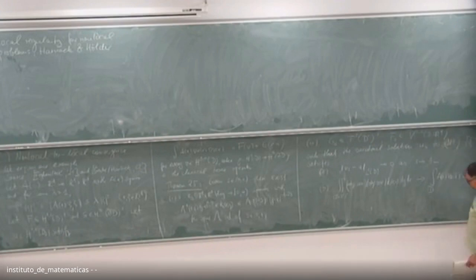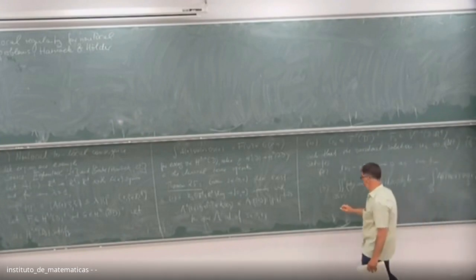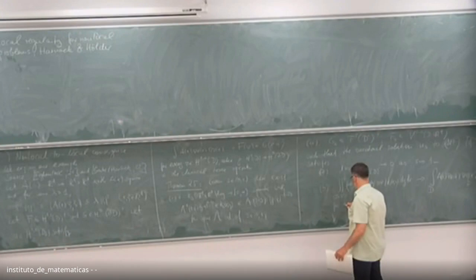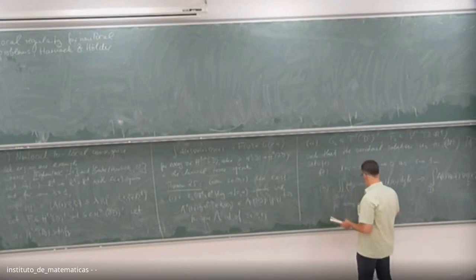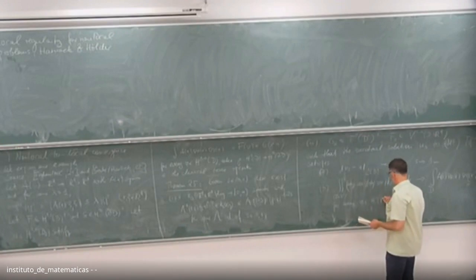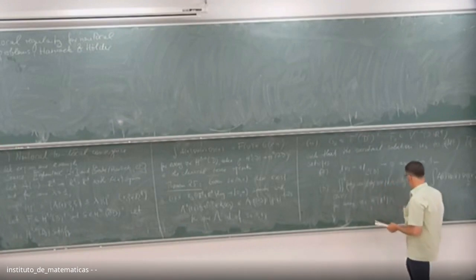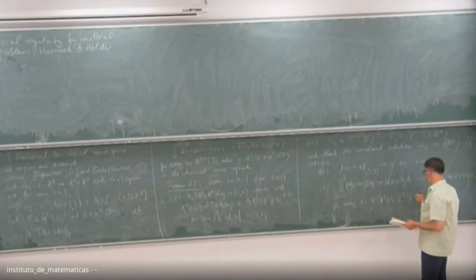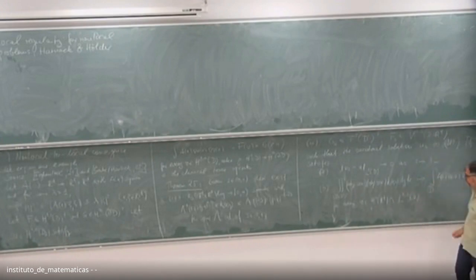And you want this to be true for every v, but v will be on the whole space. So here you have to restrict v to D. For every v in H1 of R^d intersected with L2 of D^2. That's the result.